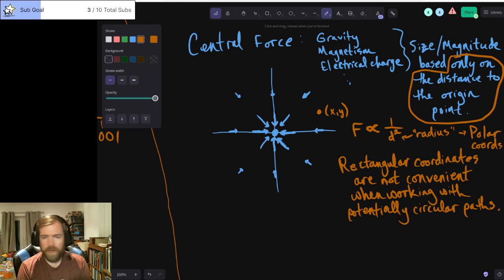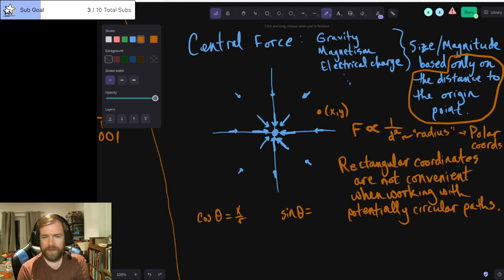Okay, so typically our cosine of theta is going to be equal to x over r, because we're looking at this in terms of creating our, oh, you know what, I've already got a point out there.